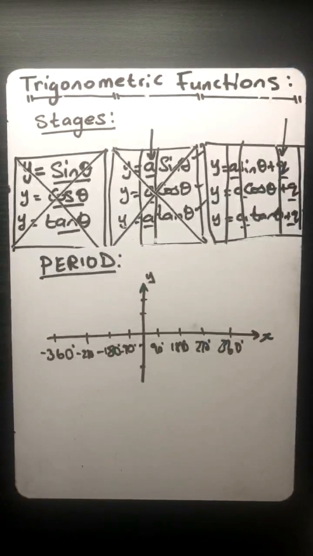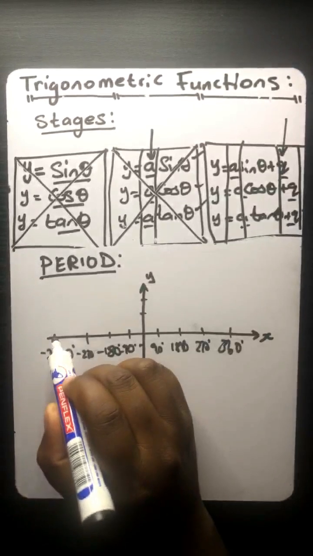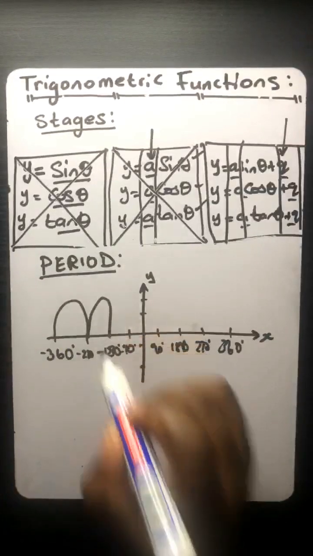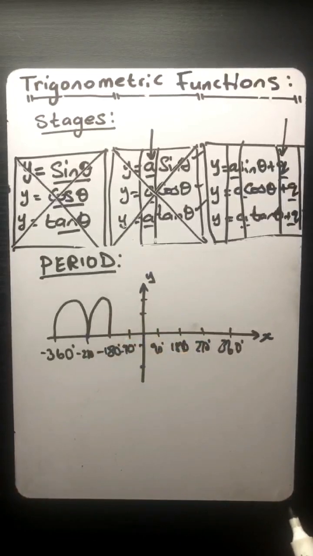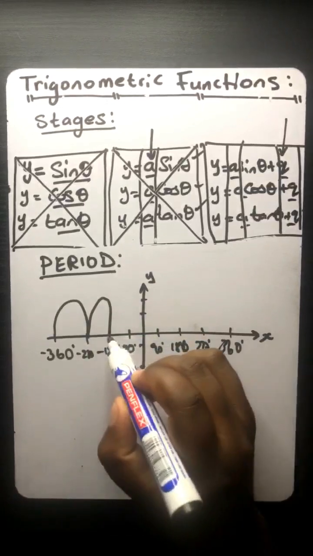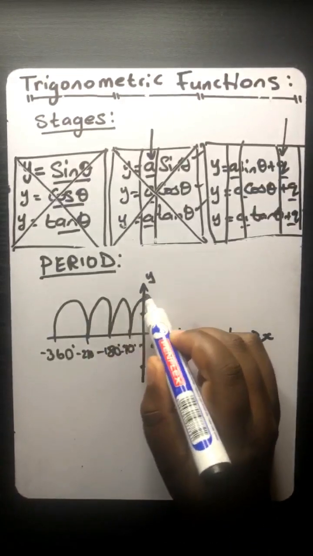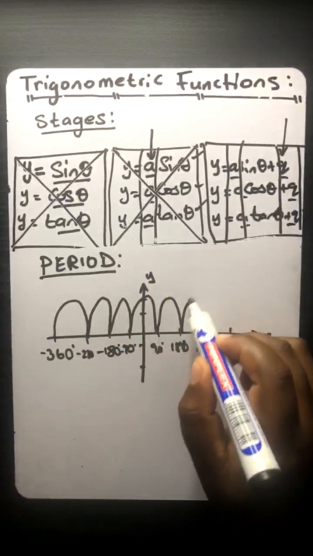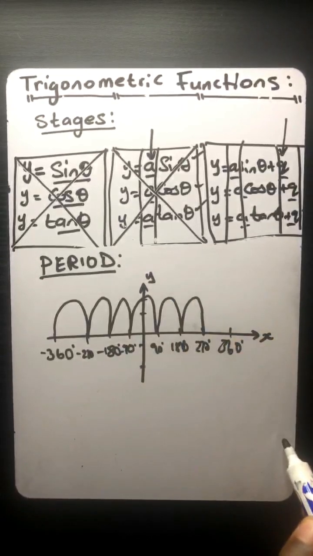Let's say you have this function doing an m shape, and then you still have another m, and another m. So when we talk about the period, we talk about the interval over which the graph repeats its shape.